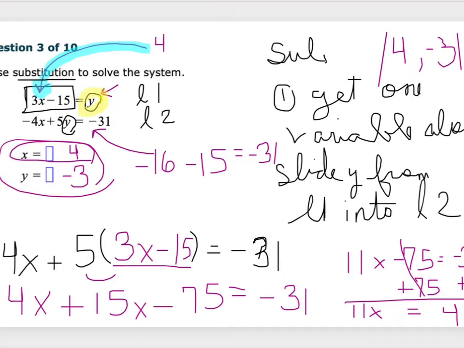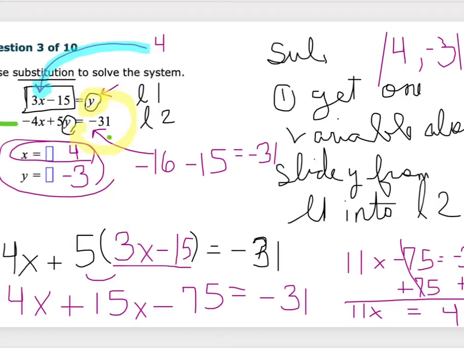And now we're going to take the other line and slide the first y into the second y. Okay, so now we're going to write that second line as, we'll make it a little bit bigger and a different color. Okay, so this second line is our main line, and this one up here is going to be the subline. So we've already decided we solve for y, so negative 4x plus 5y.